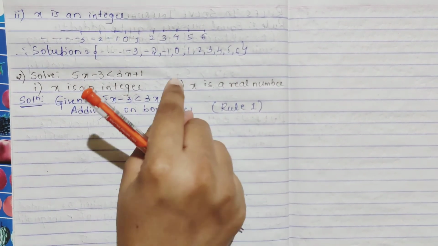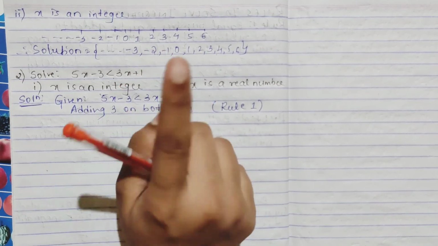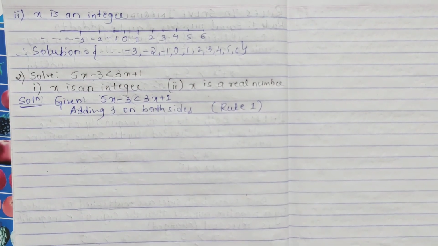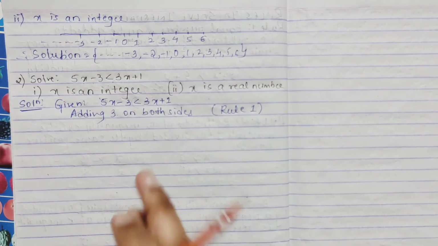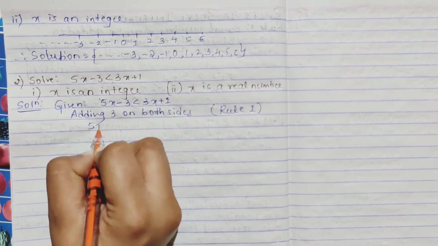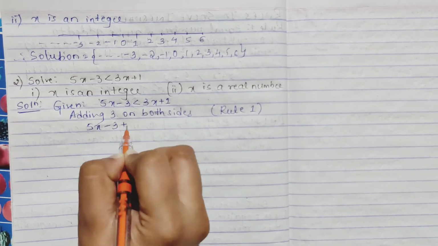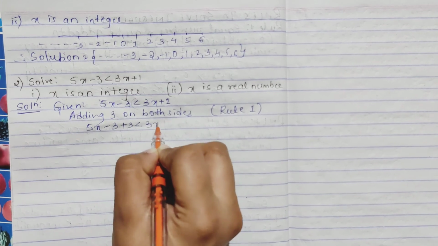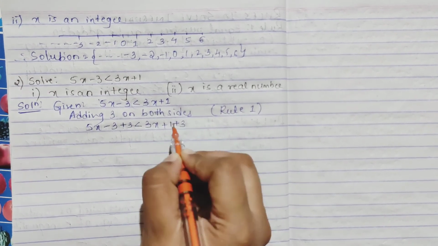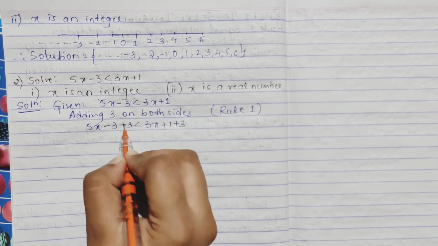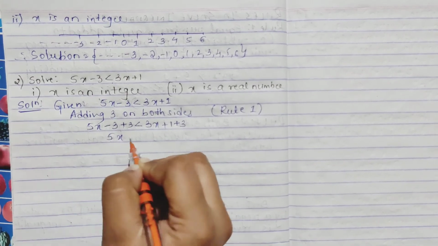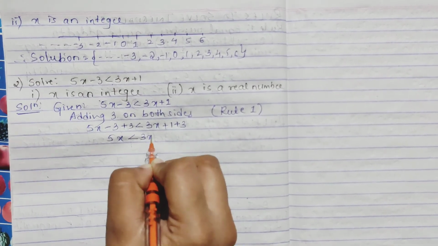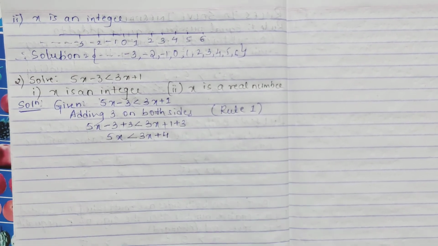Just when it comes to multiplication and division, you have to be careful enough with the negative signs. So what we are doing, adding 3 on both sides. So this becomes 5x minus 3 plus 3 less than 3x plus 1 plus 3. We are adding, right? So plus sign. So plus 3 minus 3 get cancelled. So we will get 5x, and here 3x plus 3 plus 1 is 4.